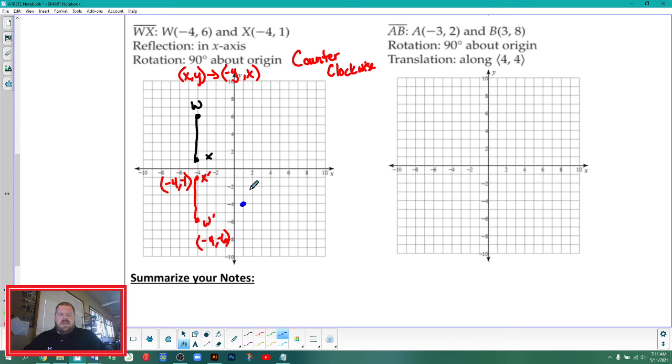That's going to move to right there. Yeah, switch the sign, keep the sign. Okay. Then w is going to turn into +6, -4. So it's going to move right here. So it'll be x double prime and w double prime. And that is our final product.